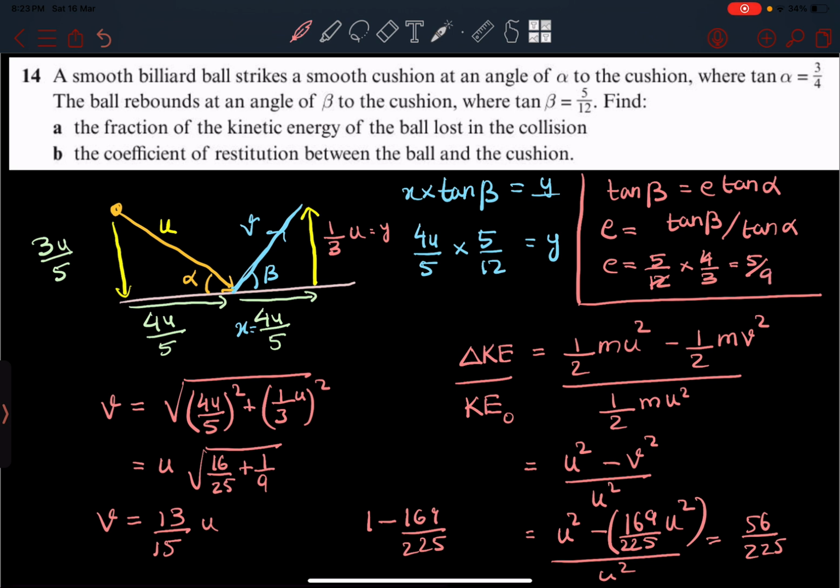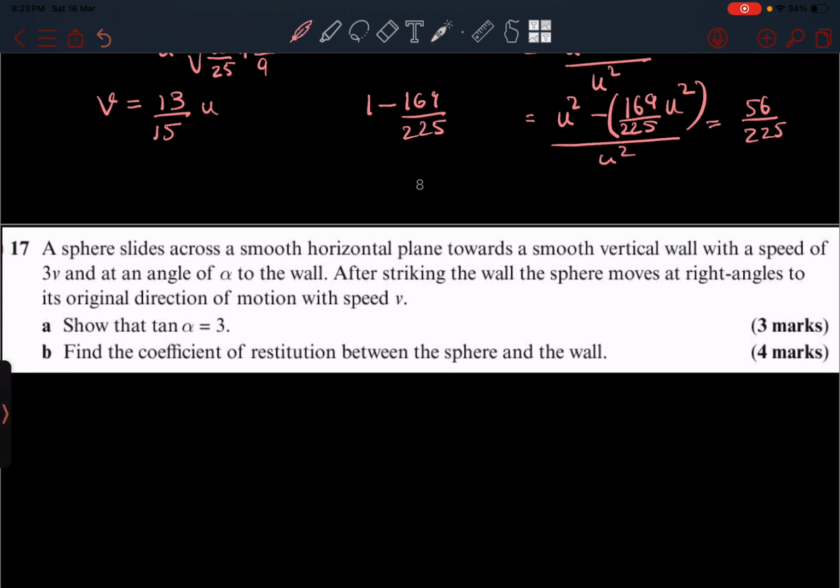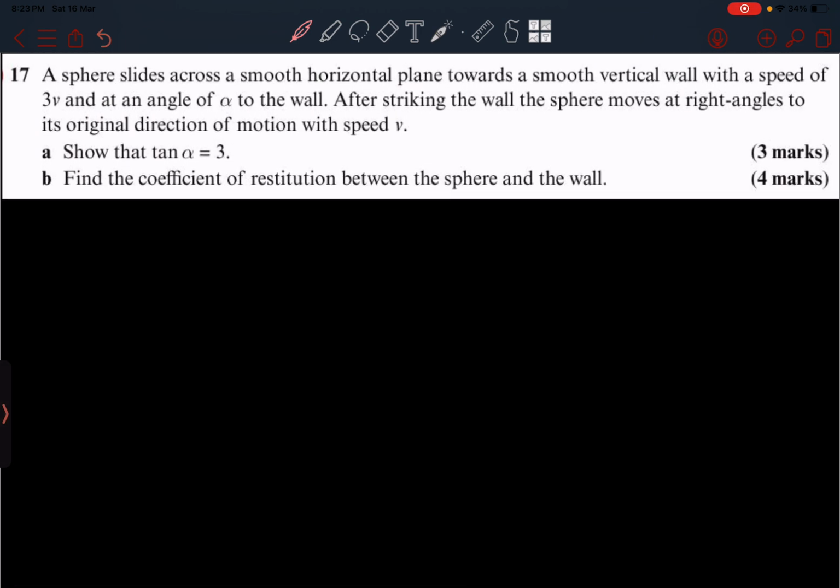So that is pretty straightforward when we compare it to part A. For question number 17, we've got a sphere that slides across a horizontal plane towards a smooth vertical wall with a speed of 3v.